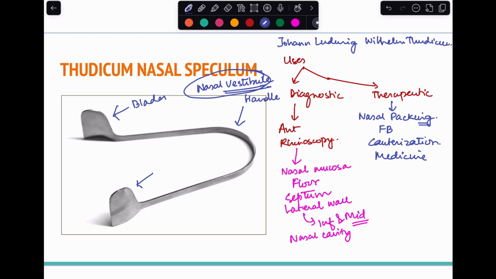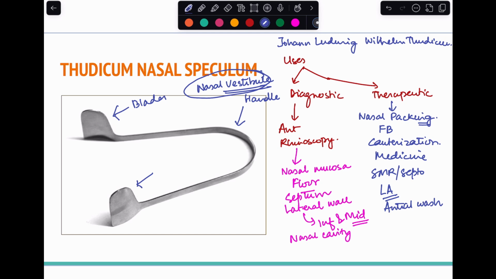Then it is used in a lot of nasal surgeries like SMR, septoplasty or polypectomy. It is also used for local infiltration. And lastly, it can be used for antral wash. So these are all the possible uses of the Thudichum nasal speculum.